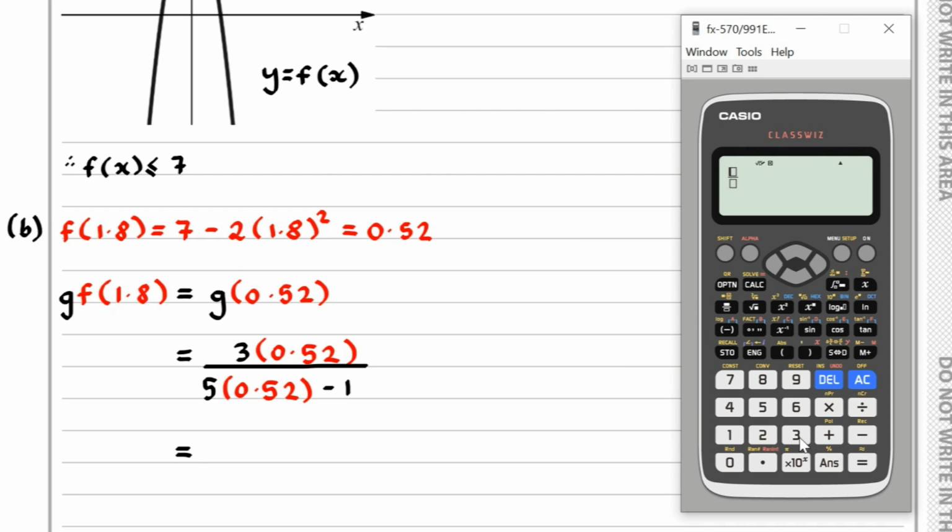So we've got 3 lots of 0.52 over 5 lots of 0.52 minus 1, which is equal to 0.975.